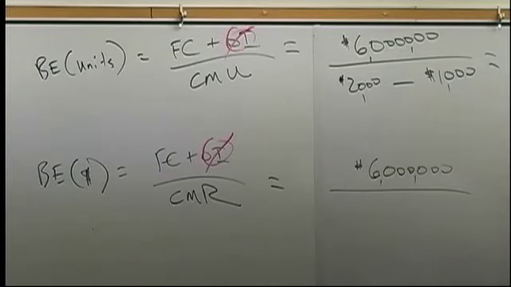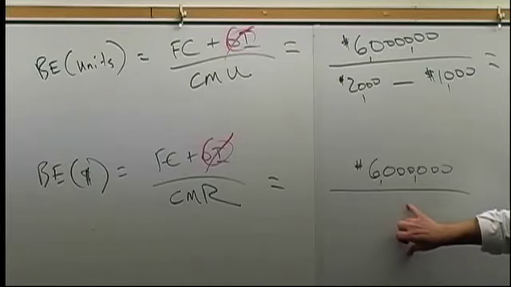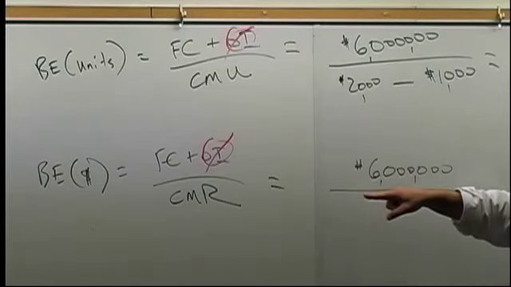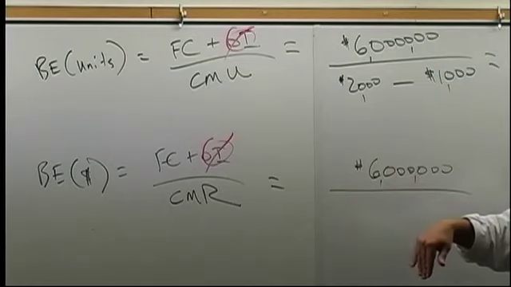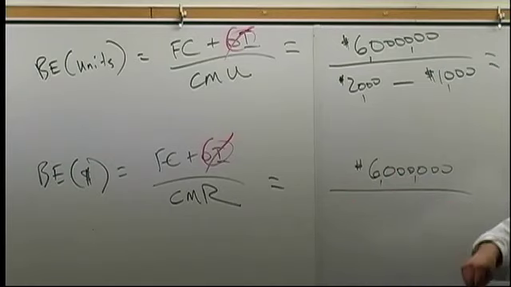Here, now, what he told us was contribution, this is the contribution margin ratio, correct? And the contribution margin ratio is calculated as contribution margin over sales, or in this case, because the information we have available is on a per unit basis, it's going to be contribution margin per unit divided by selling price per unit, okay?